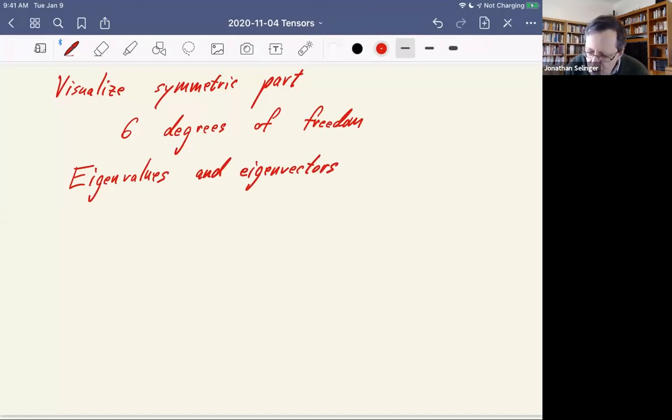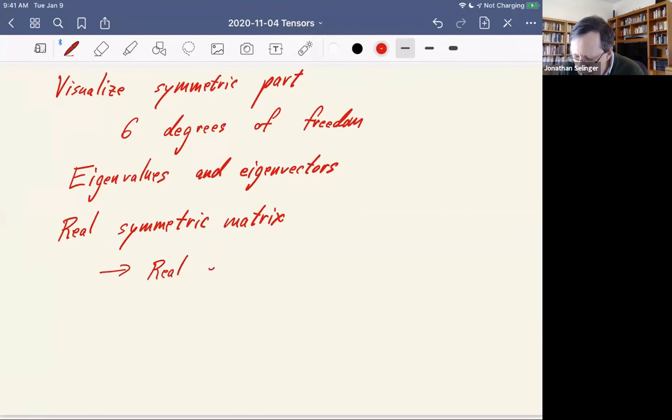You know that if you have a real symmetric matrix, it has real eigenvalues. It has 3 real eigenvalues. They might be the same as each other, they might be different from each other.